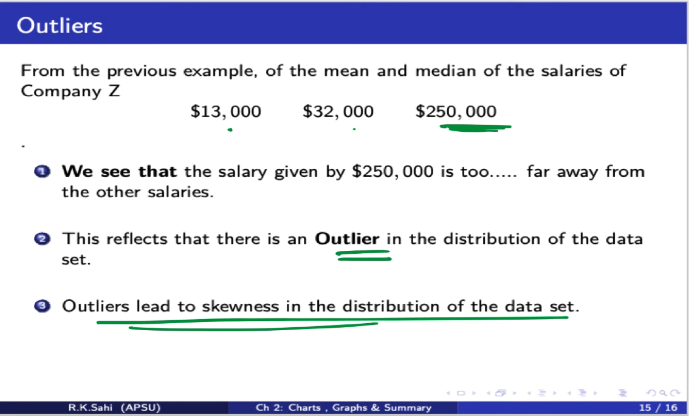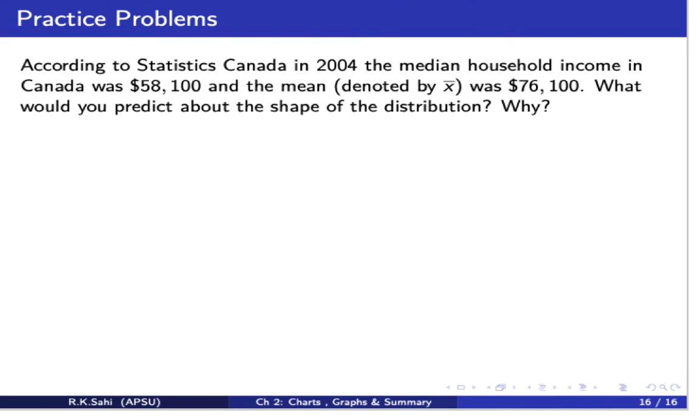One more example. According to statistics, in Canada in 2004, the median household income was 58,100. The mean was 76,100. So what can you say about the shape of the distribution?